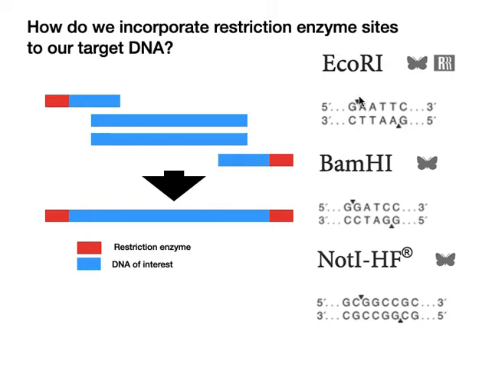Okay? And you can see it forms a palindrome. So the cut on the forward strand will be the same cut on the reverse strand, it's just that the one below is complementary. Right, here it's G cut AATTC. It's the same with the reverse strand, G cut AATTC. That's what is being said about restriction enzymes.